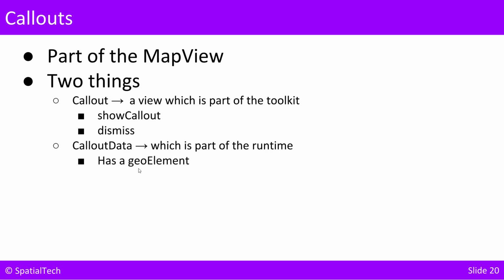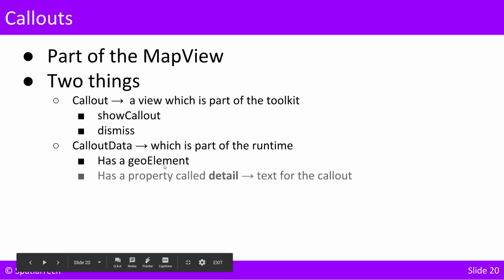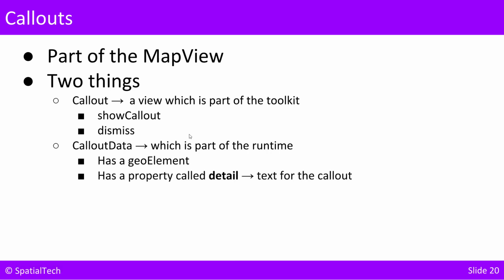It can have a geo element, it doesn't need to. It has a property called detail. There's actually a lot of properties on the callout data, but detail is usually the core text that you want to display to the user on the interface. And so that's the text callout. And that can be whatever you want.